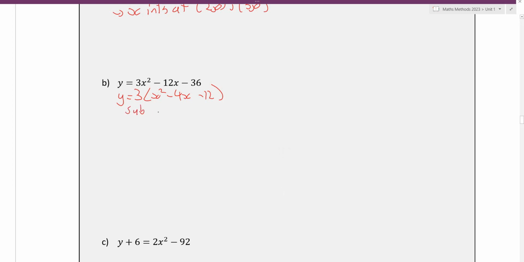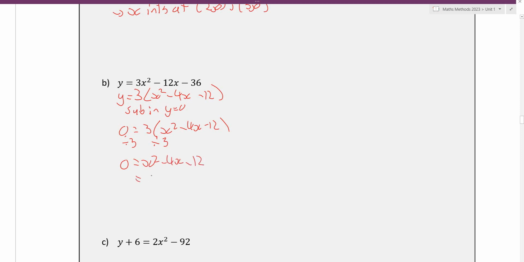So I'm going to sub in y equals 0. So 0 equals 3 bracket x squared minus 4x minus 12. Then I'm going to divide this side by 3, divide this side by 3. 0 equals x squared minus 4x minus 12.